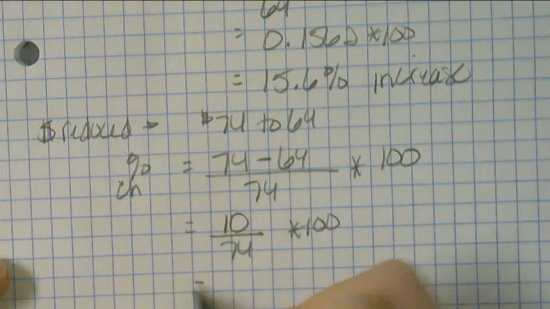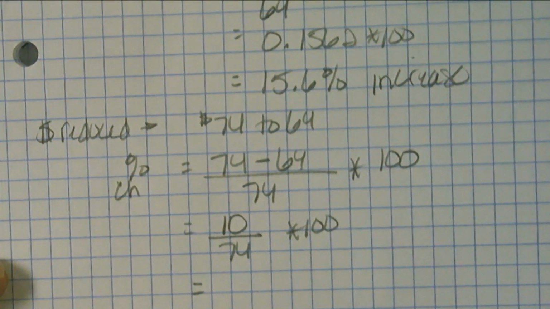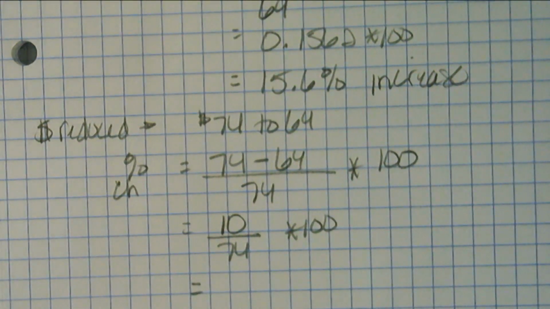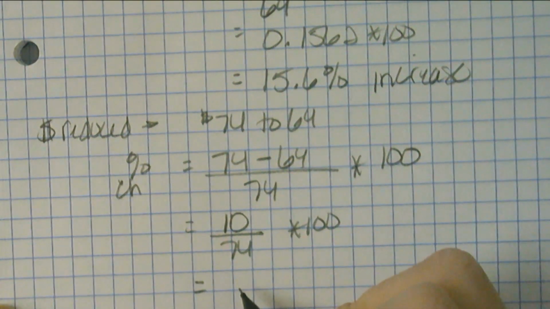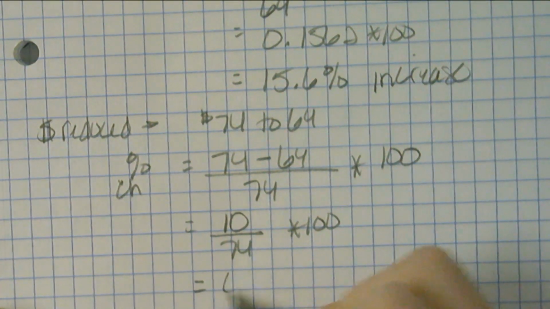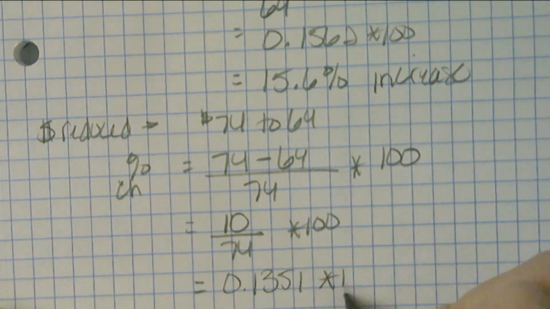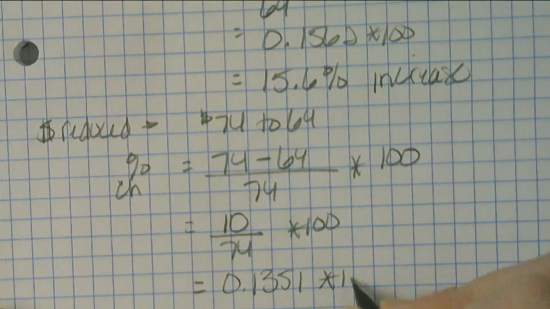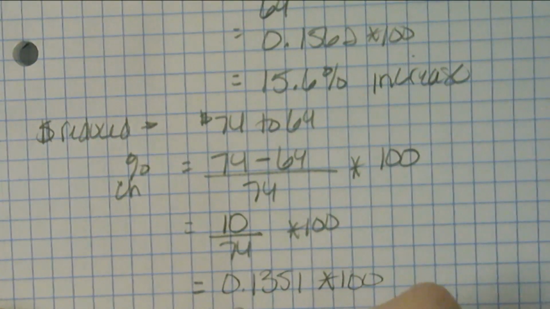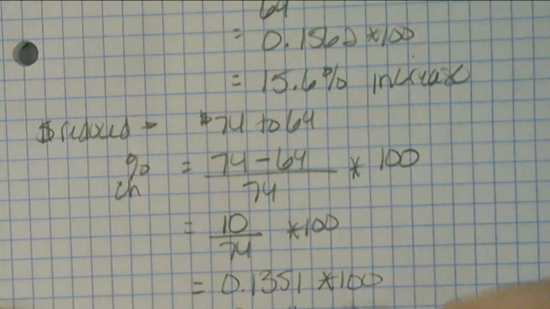Jacob, what is 10 divided by 74? I mean, you should have shown this math. 0.1351. All right, times 100, right? That would be 13.5%. And that's a decrease, right?